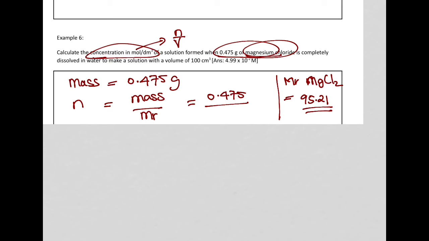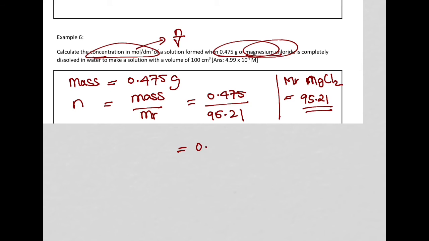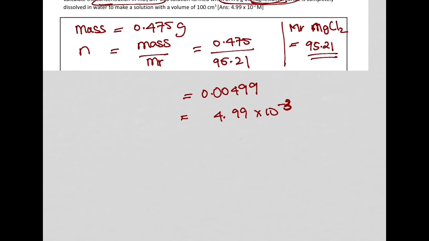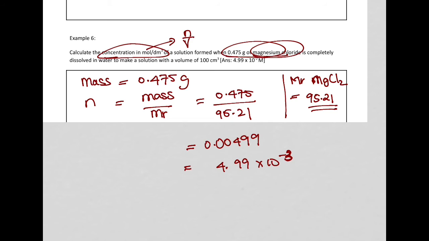If you calculate the Mr properly, this is what you should get. So the number of moles is mass divided by Mr. And when you do that, you get 0.00499, which is the same as 4.99 times 10 to the power of minus 3 here. Now, this number of moles is in 100 cm³. So this is the volume.